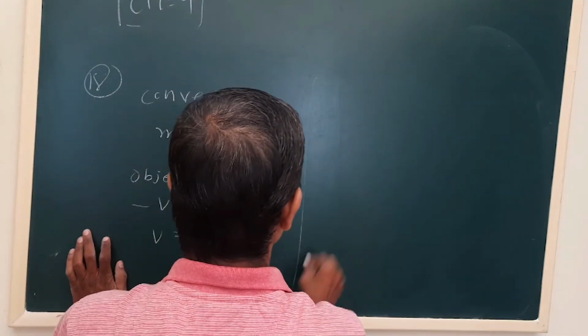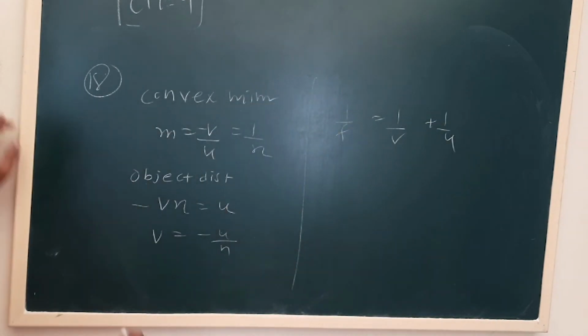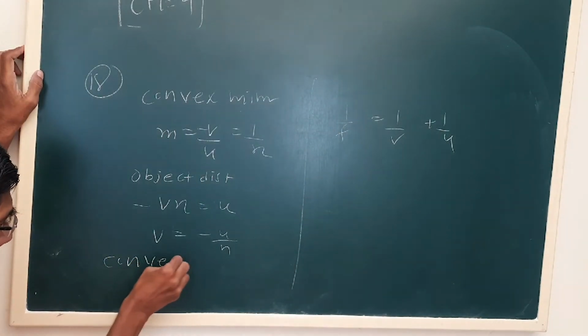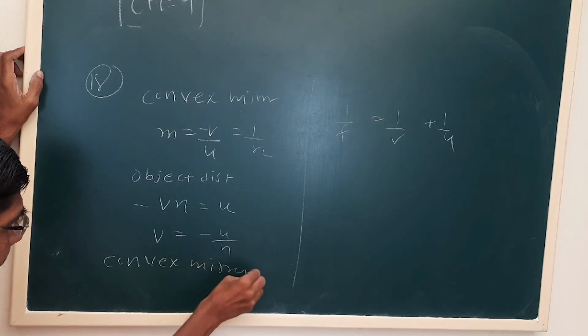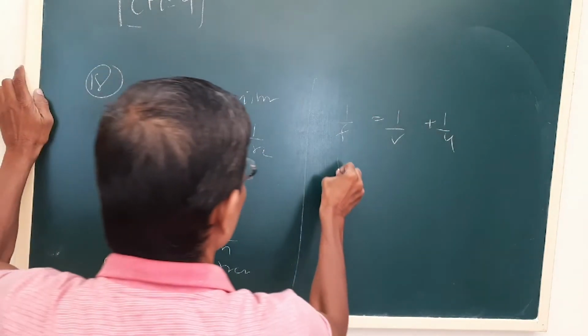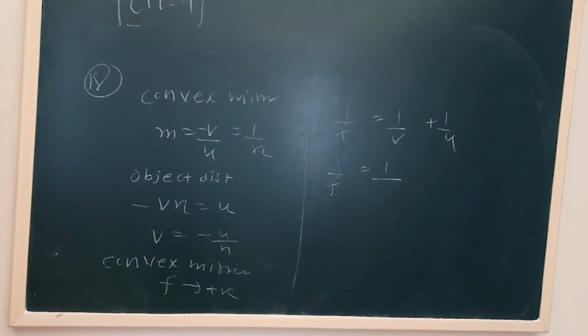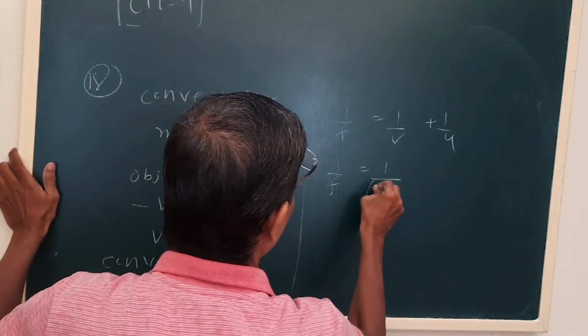Now for a convex mirror, or any type of mirror, generally the object distance is always negative. Okay, 1 by f. For a convex mirror, as a convention, f is positive. Now see, 1 by f, v is equal to minus u by n.